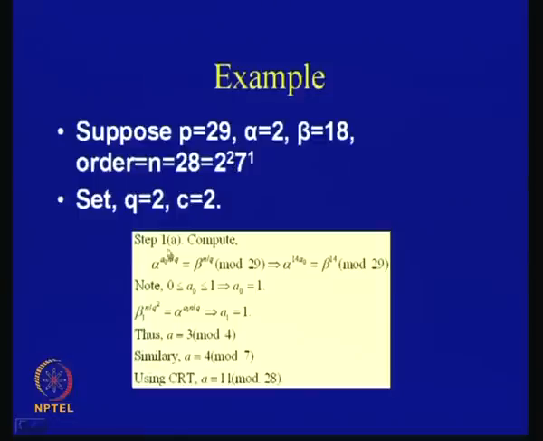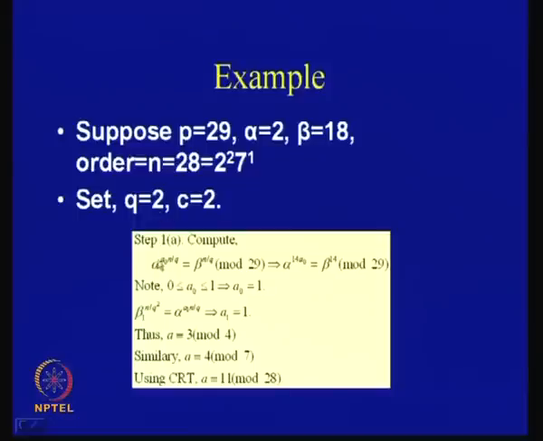Then step 1a will be finding the value of a0. Because c is equal to 2, how many coefficients will you have? You will have a0 and a1, and since q is equal to 2, the value of a0 can be either 0 or 1.